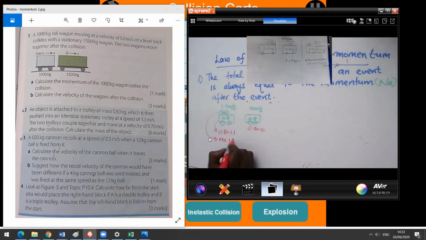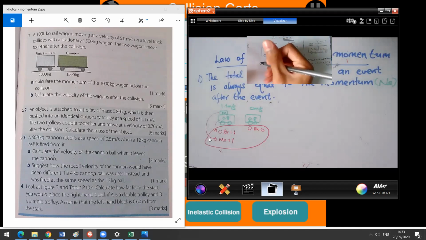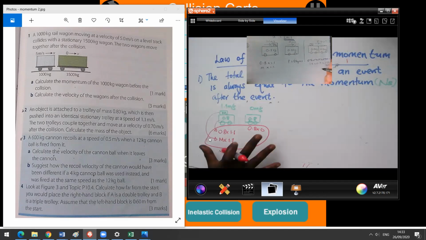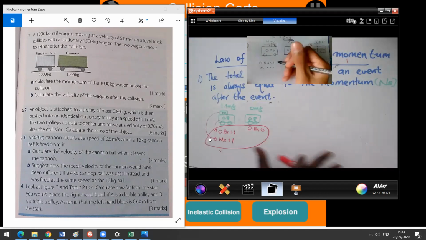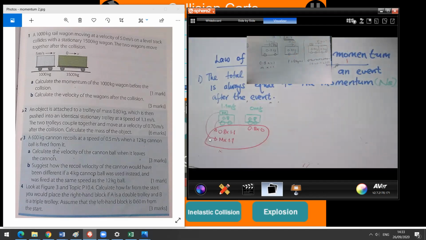This is everything I've got at the start before the collision, so this is what I'm going to add all together. Now they collide, and we're going to do the same thing, and then equate the before to the after.